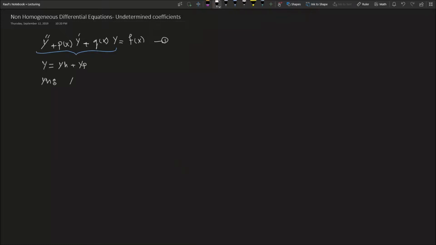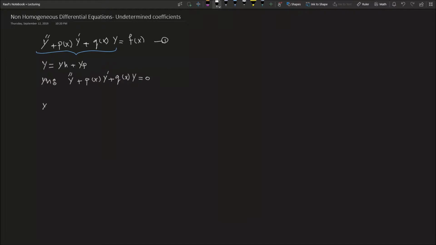So we can say y double prime plus p of x y prime plus q of x multiplied by y equals 0. Then we can use either the exponential guess method or any other method that has been explained in order to solve a homogeneous differential equation, and you will find your final solution.